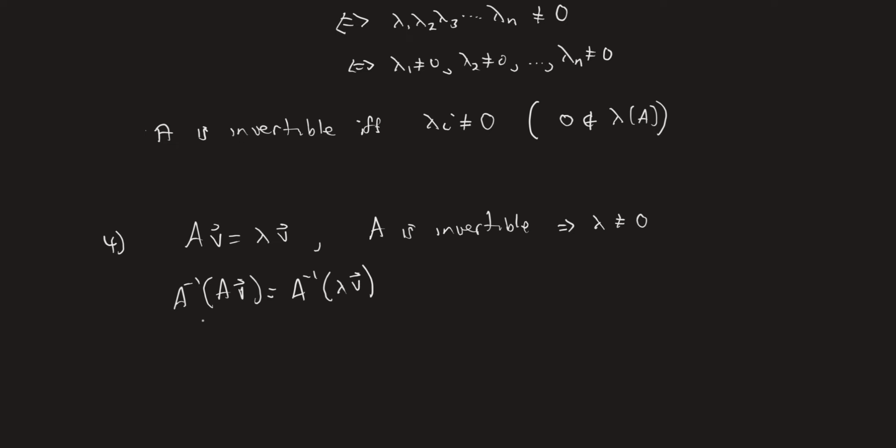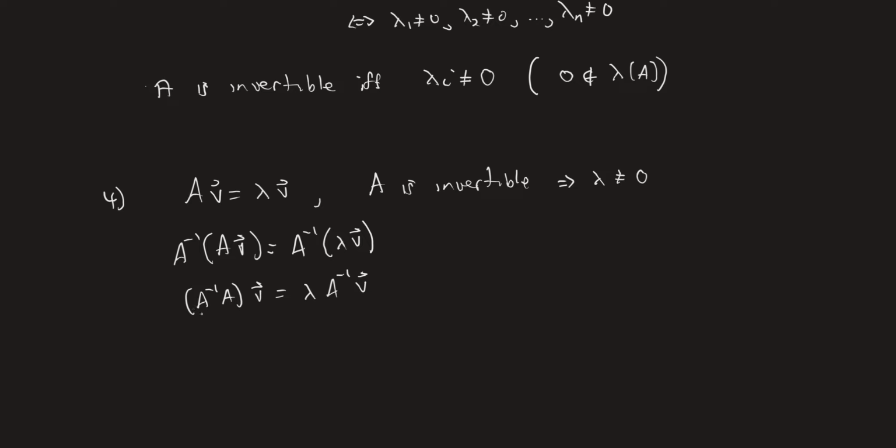And because matrix multiplication is associative, instead of pairing up the A times V, I can pair up the A inverse times A, which we've done many times. And the scalar lambda is a constant, which I can factor out, because I can change the order of scalar multiplication and matrix multiplication. What I can't do is change the order of matrix multiplication. So I can take out the lambda, and then I'll have A inverse times V.